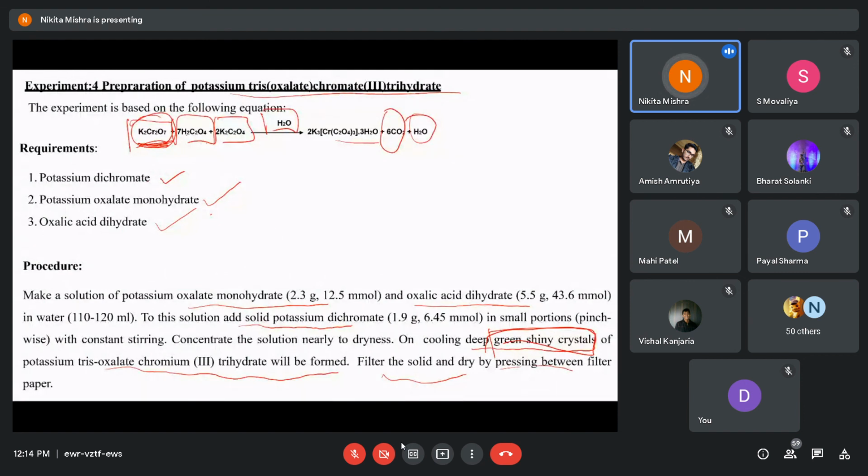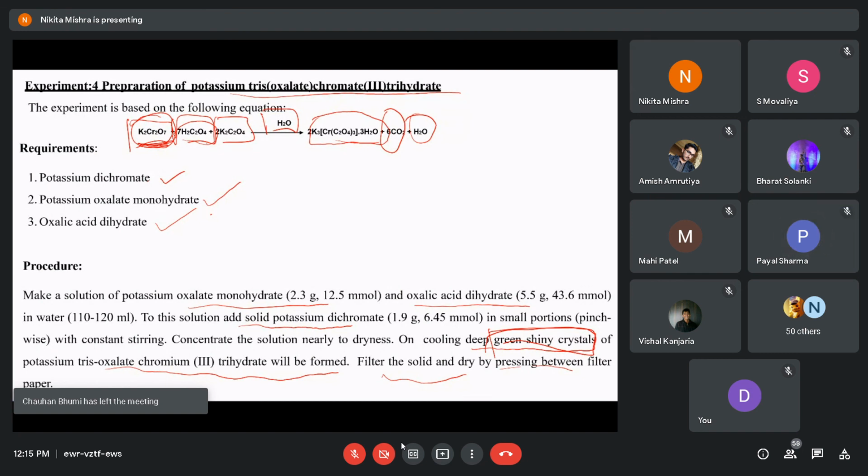That potassium oxalate is already a monohydrate. So it is to complete the balance and neutralize the reaction and to obtain the product. See here it is already written K3[Cr(C2O4)3]. So that oxalate will be obtained in the product. Okay, thank you, ma'am.